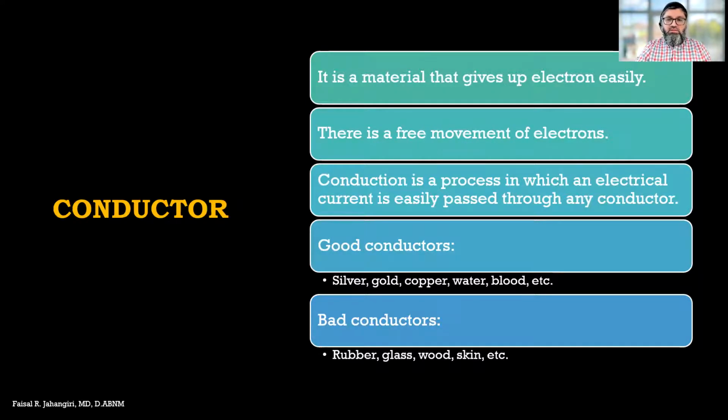The good conductors are silver, gold, copper, water, blood, etc. And the bad conductors are rubber, glass, wood, skin, etc. So any material that gives up the electrons very easily, which helps in the free conduction of the current through that medium, is known as a conductor.